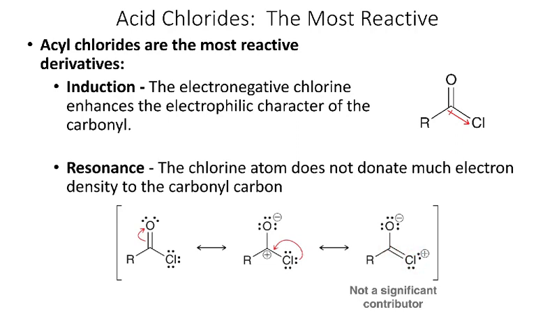Because those orbitals don't overlap effectively, the chlorine doesn't actually add any electron density to this carbon atom as we might expect. So chlorine doesn't really have any resonance effects. It just removes electron density from an already electron-poor carbon atom, making it very reactive and very electrophilic specifically.